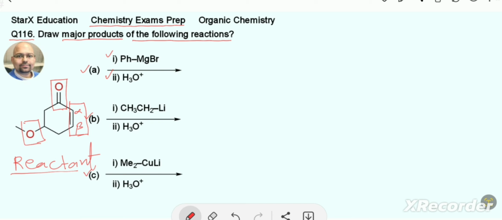To see the nature of the carbonyl group and the conjugated carbonyl group, we need to see the resonance structures. Let's draw out the resonance structures. The first resonance structure: when this pi bond breaks between carbon and oxygen, we get the resonance structure where there is a negative charge on oxygen and a positive charge on this carbonyl carbon.